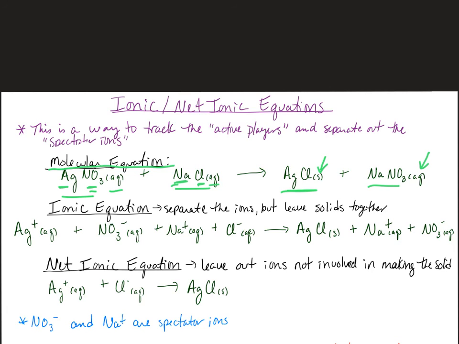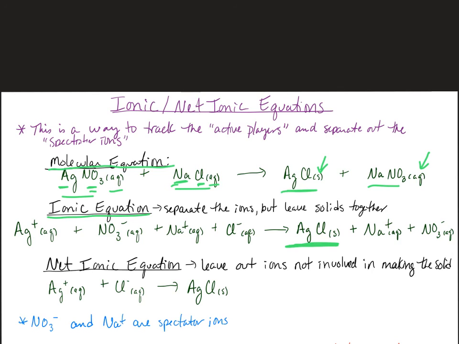So we break this down into two different types of reactions. The first is known as the ionic equation. And here all we do is we separate out the ions, but you leave the things that are solid stuck together. So here's what I mean. There's the solid that's stuck together. He's still all one. Everything else gets to be positive, negative, whatever it's supposed to be, so it gets to be its charge that it's supposed to be.